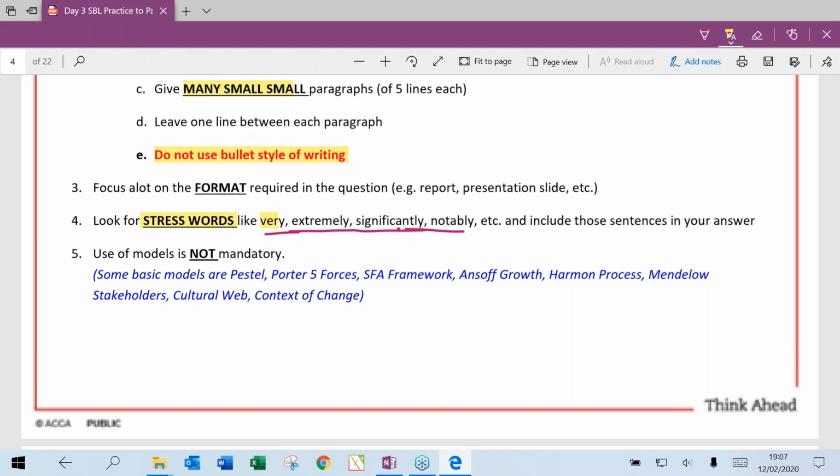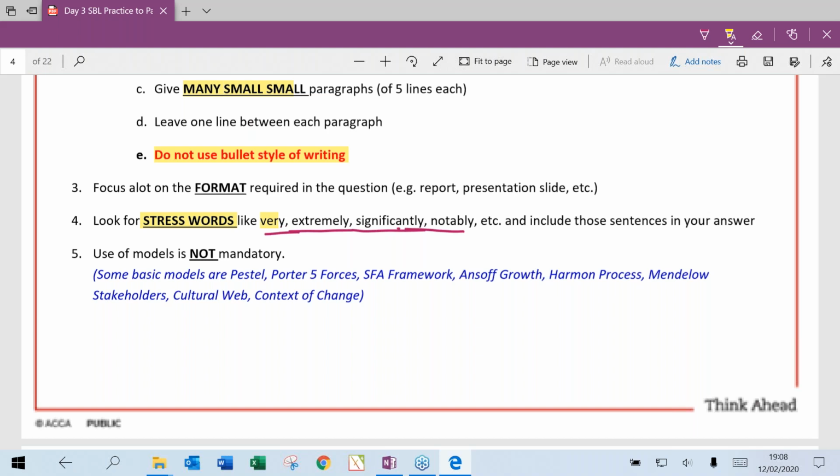However, having said that, you must be familiar with some basic models. I read in today's WhatsApp group that somebody mentioned that there are around 40 models. No need for those 40 models. This paper is not about models. The board of directors are not interested in models.